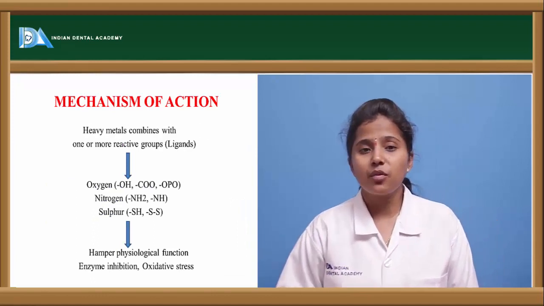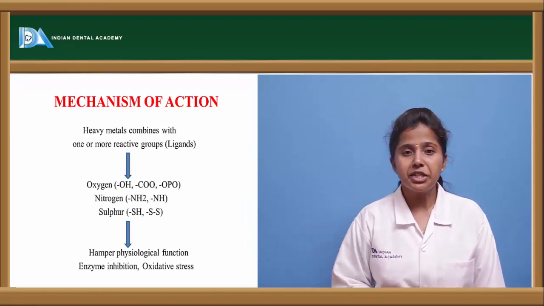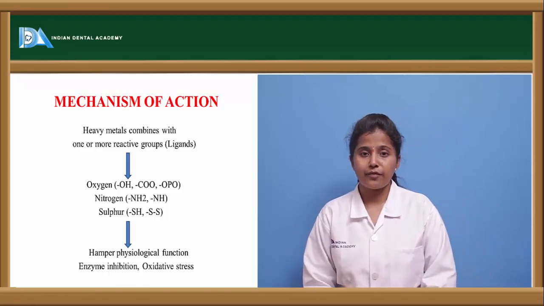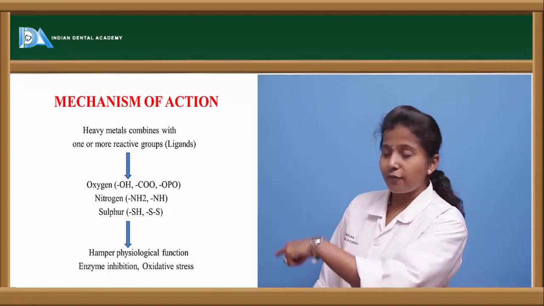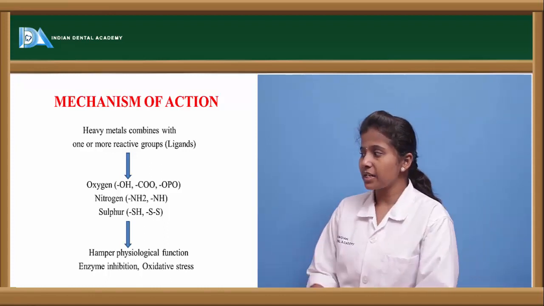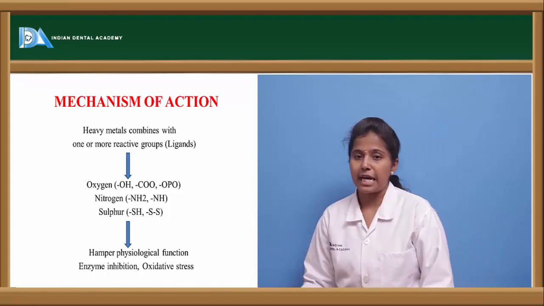What is the mechanism of action of these chelating agents? All chelating agents have a common mechanism of action. We can see the flowchart representation. Heavy metals combine with one or two reactive groups.